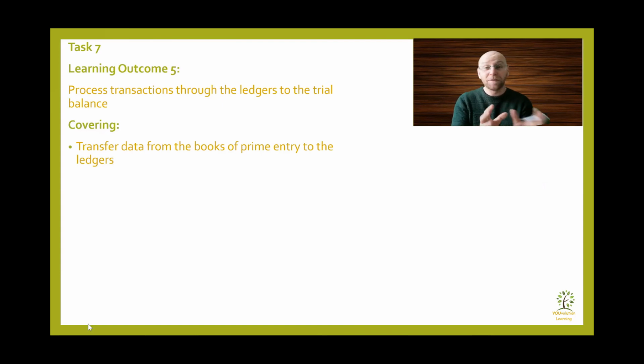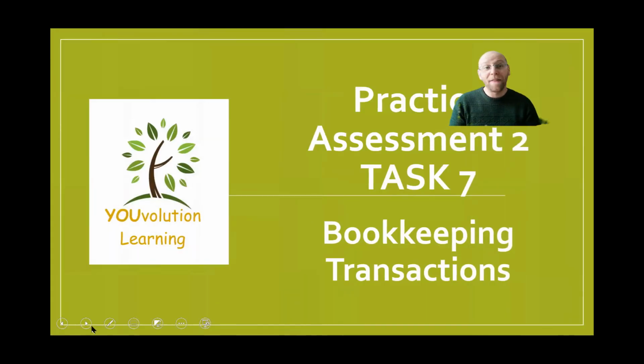If you've seen the video on practice assessment 1, we looked at the cash book there, and in this video we looked at the petty cash book. So there are 2 of the books of prime entry that we're likely to come across in task 7. Make sure you've watched both of these videos, and then you're putting what you've covered into practice in your practice questions that your providers have given to you.